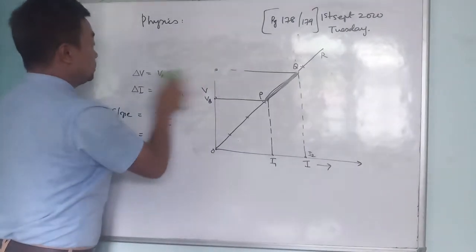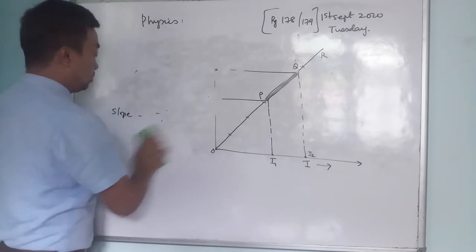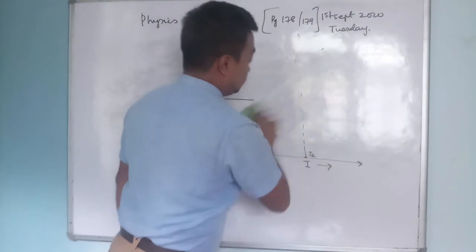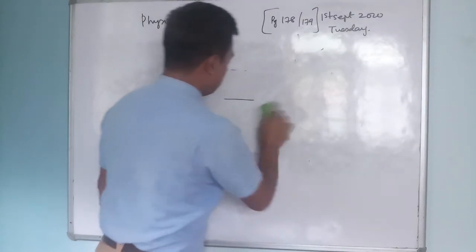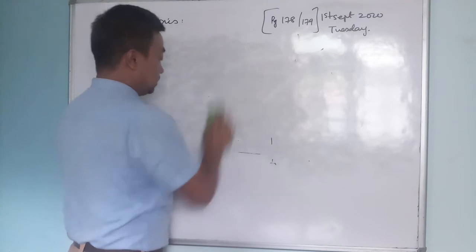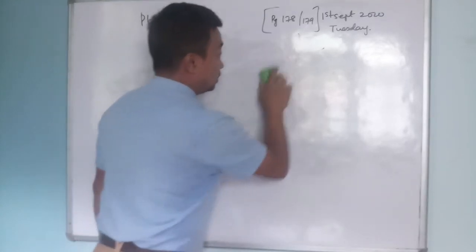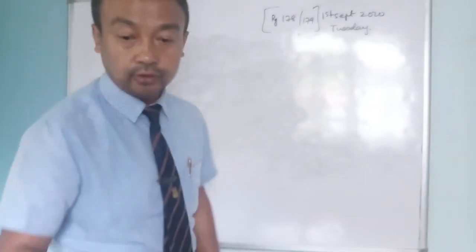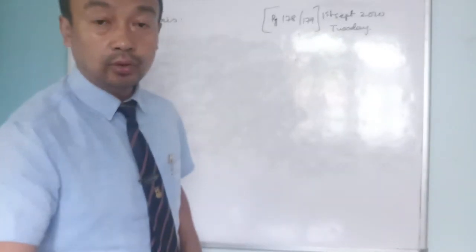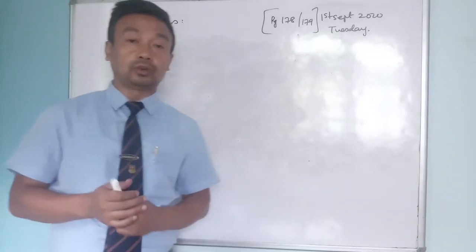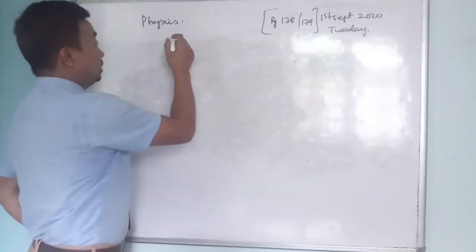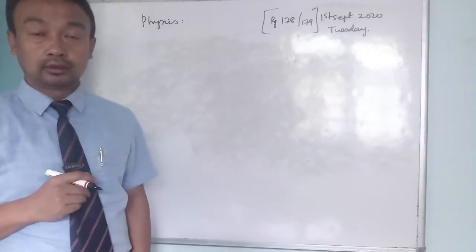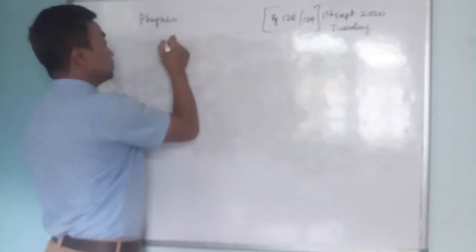Now let us discuss one more topic before we end today's lesson. This is very, very easy. Resistors are also called conductors. We have two types of resistors, ohmic resistors and non-ohmic resistors.